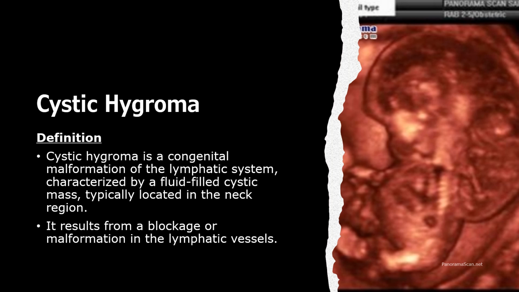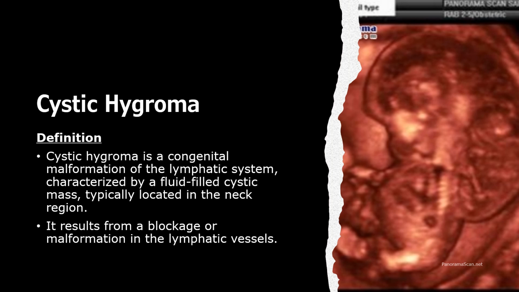While the mass is typically benign, its size and location can pose challenges, especially if it obstructs the airway or compresses surrounding structures. Early detection is crucial for planning appropriate prenatal and postnatal management.